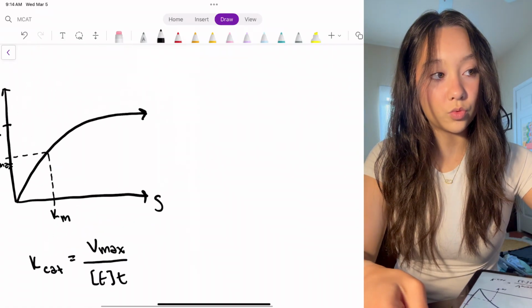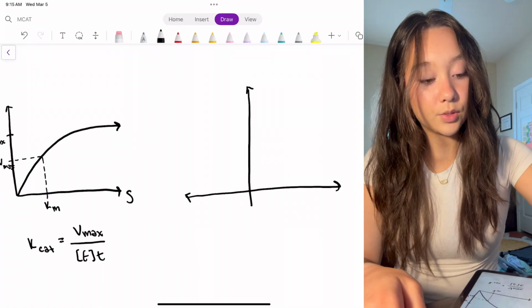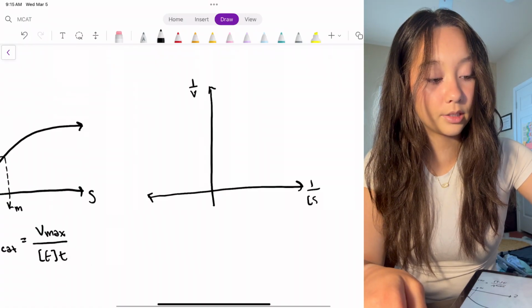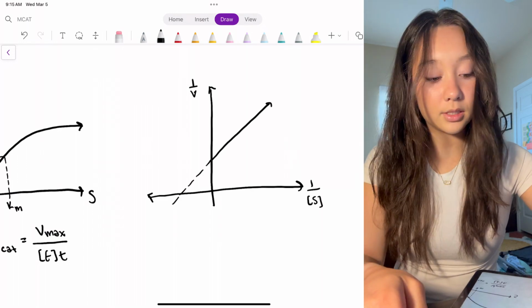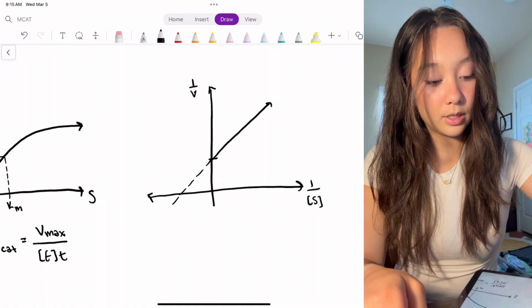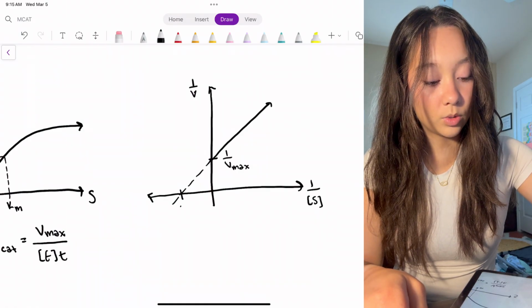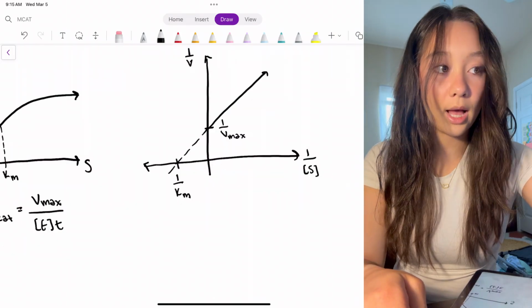And now we're going to draw our Lineweaver-Burk plot. This is going to be 1 over V, and this is going to be 1 over S. It's going to look a little something like this. Now this point here is 1 over Vmax, and this point here is 1 over Km, where it crosses the x and y-axis.